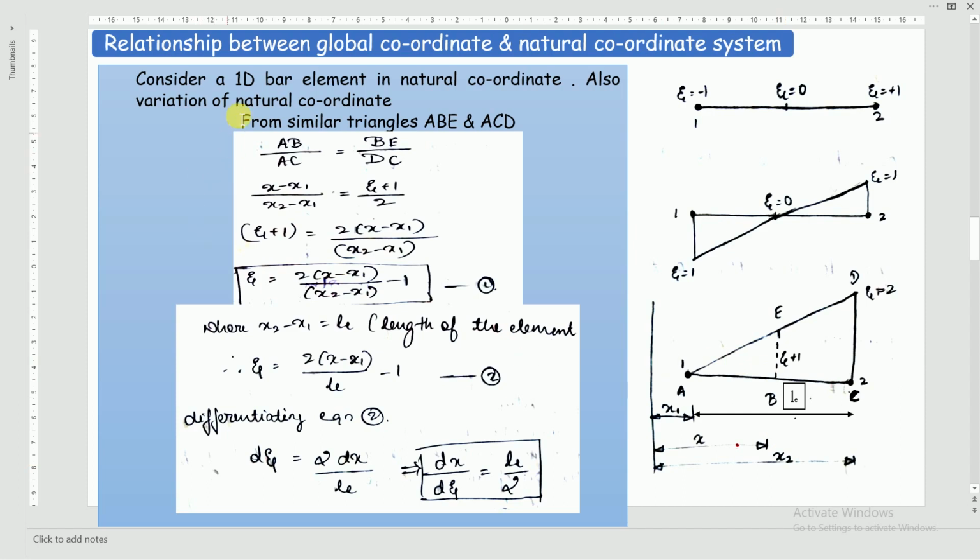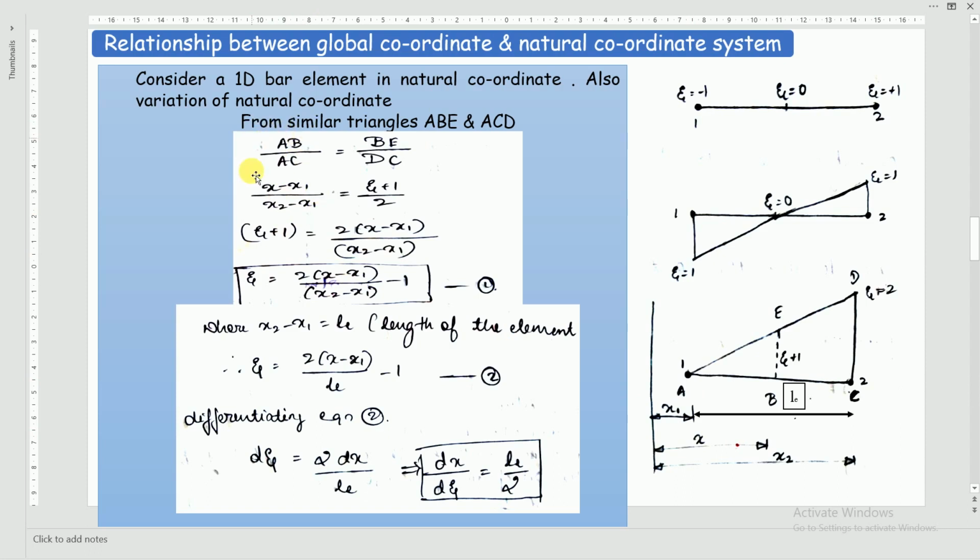Now, if you take the similar triangle concept, that is triangle ABE and triangle ACD, AB by AC equals BE by DC. What is AB? Is it x minus x1? And what is AC? Is it x2 minus x1?